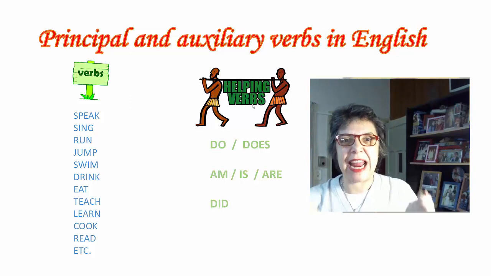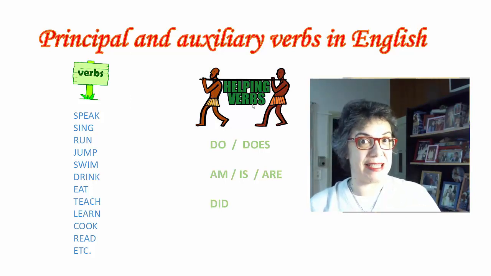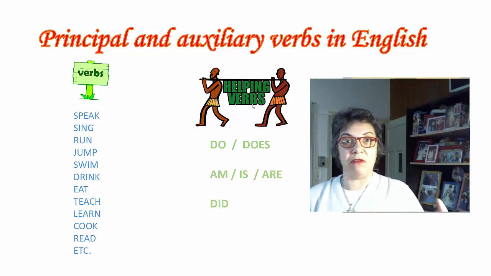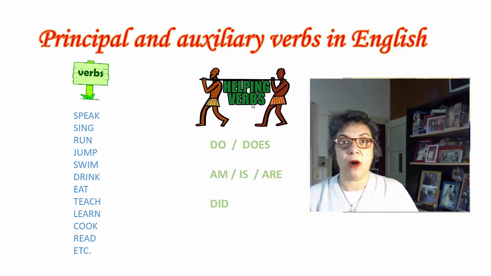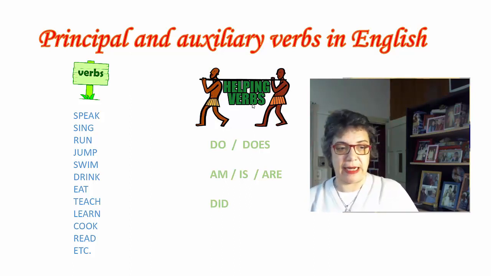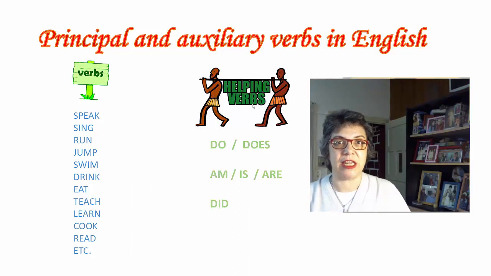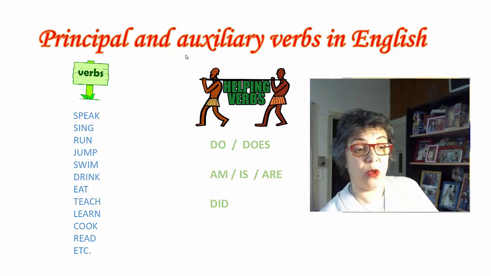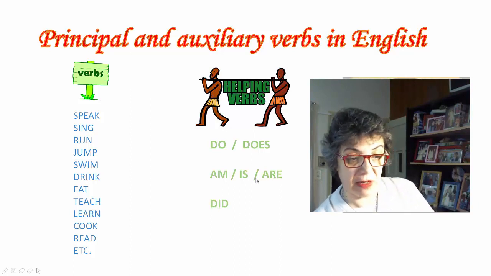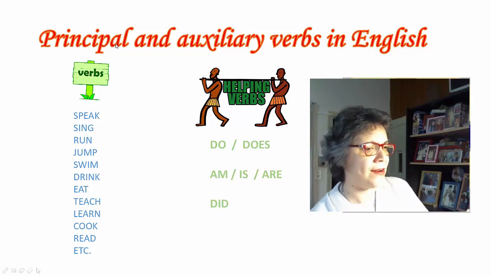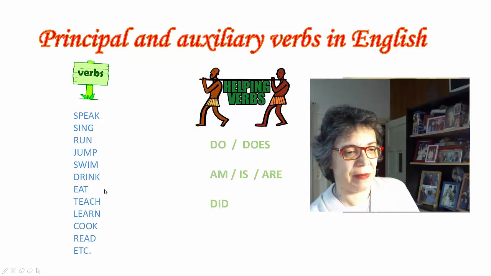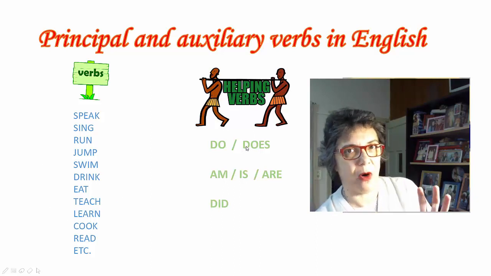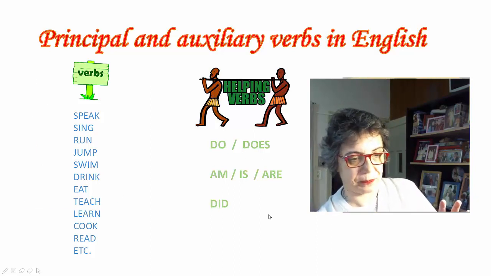They are working as plain verbs, pure verbs, but that is not the present continuous tense. They only play the role of assistants when we are working with the present continuous tense in English. And then we have the auxiliary of the past. The auxiliary is did. So those are examples of helping verbs. There are hundreds of verbs in English, and there are some auxiliary verbs in English.